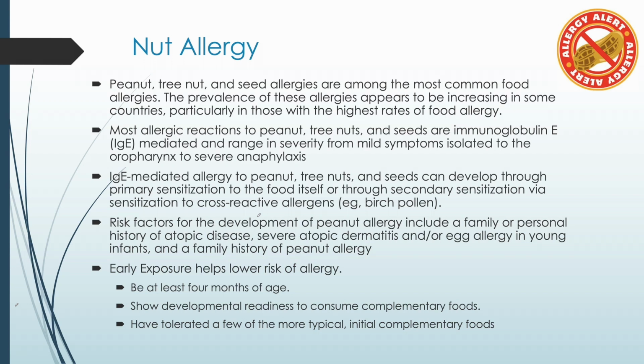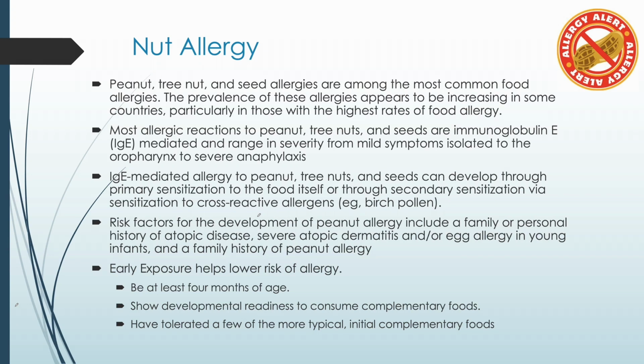Now remember that with sensitization, these IgE-mediated allergies can develop through primary sensitization to the food or through secondary sensitization via cross-reactive allergens like birch pollens. Risk factors: family or personal history of atopic disease.